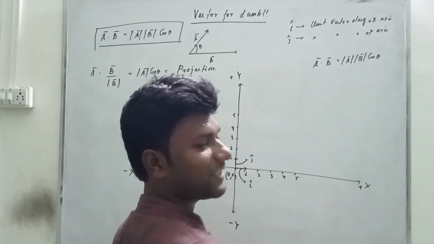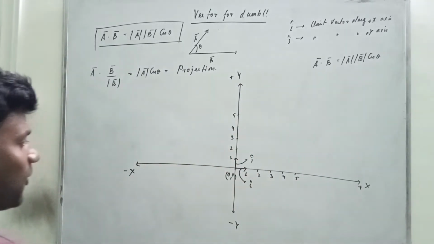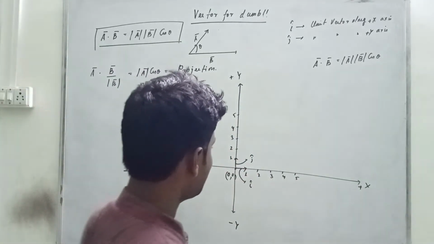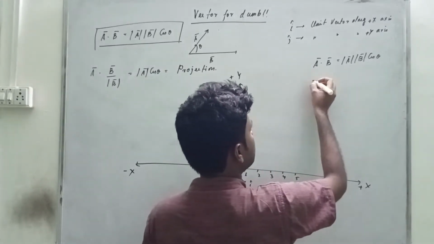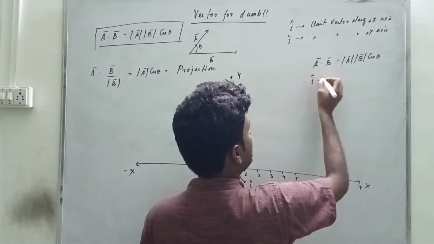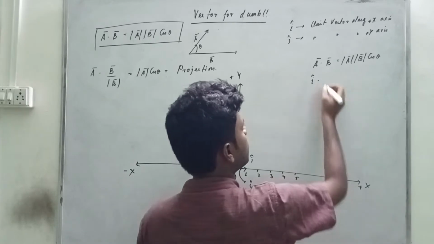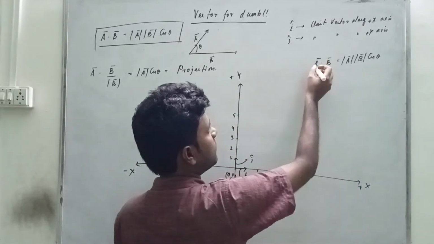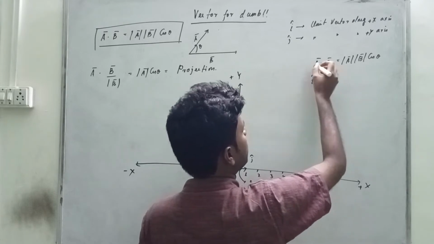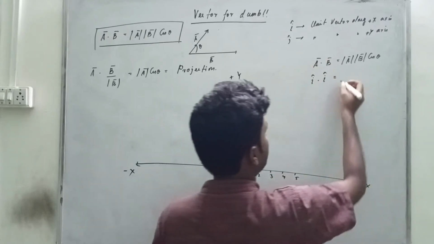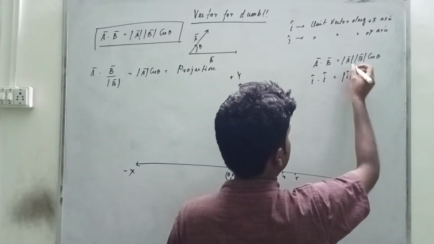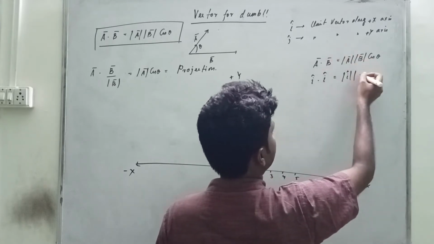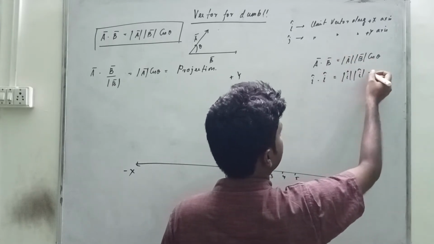Now, a very funny thing. If you introduce here I cap instead of a, and another I cap instead of b, then the modulus of I cap, instead of b just place another I cap.